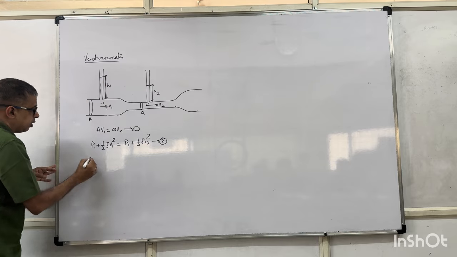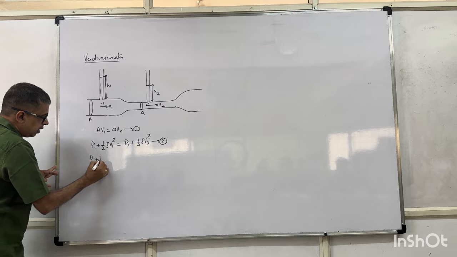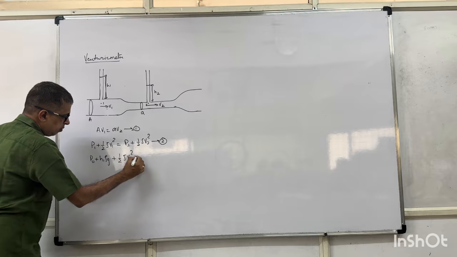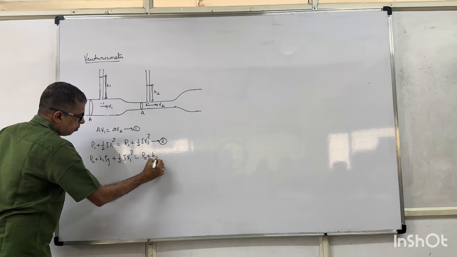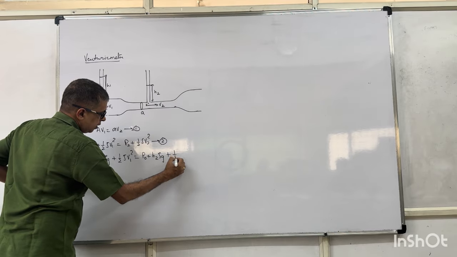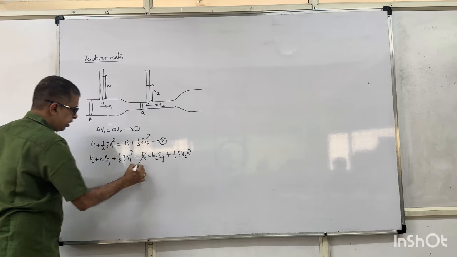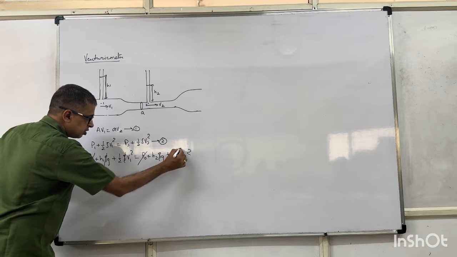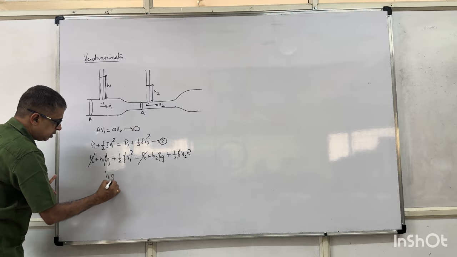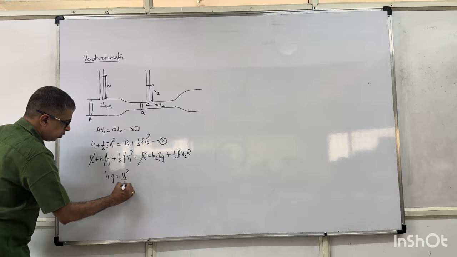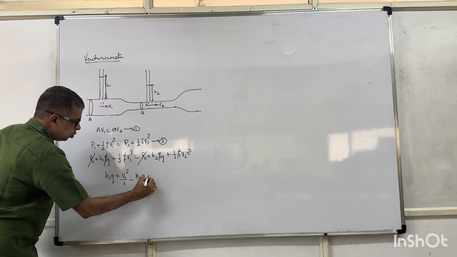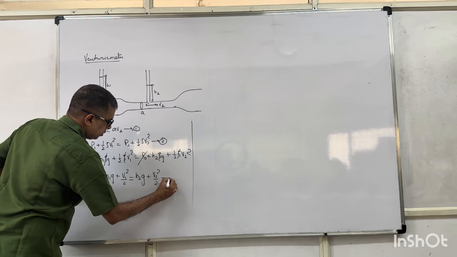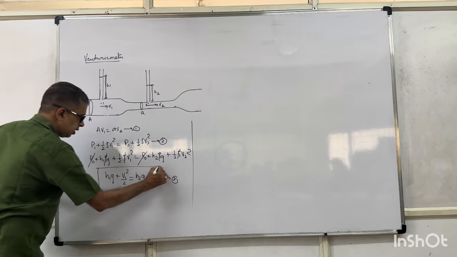P1 will be P0 plus H1 rho g, plus half rho V1 square, equals P0 plus H2 rho g plus half rho V2 square. P0 will go, density gets cancelled, H1 g plus V1 square by 2 is H2 g plus V2 square by 2. This is my second equation.